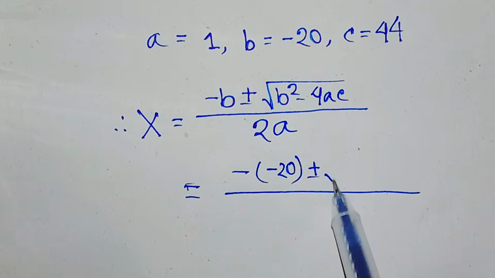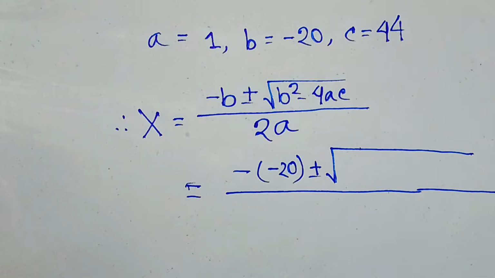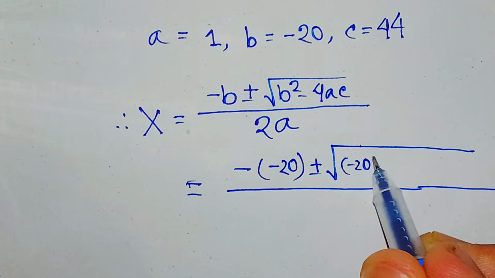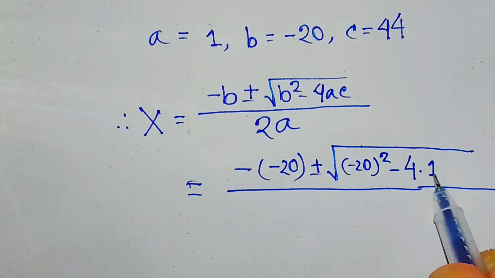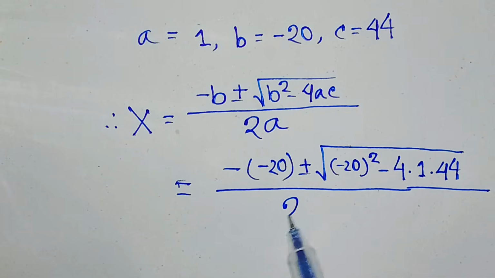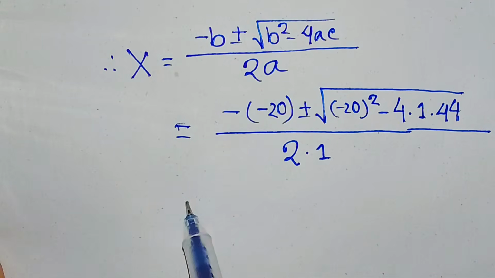So we can write x is equal to minus (minus 20) plus minus root over (minus 20) whole square minus 4 times 1 times 44, divided by 2 times 1, as the value of a.